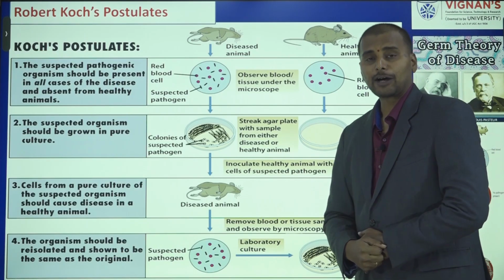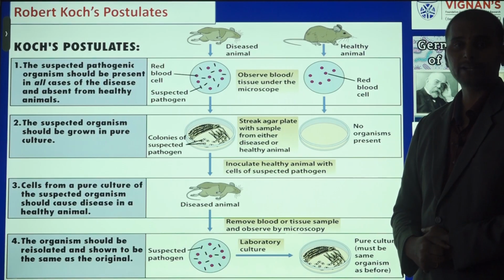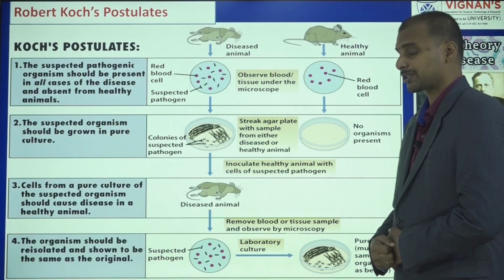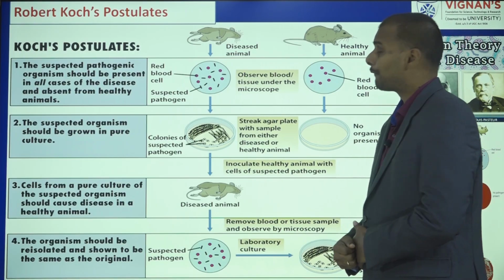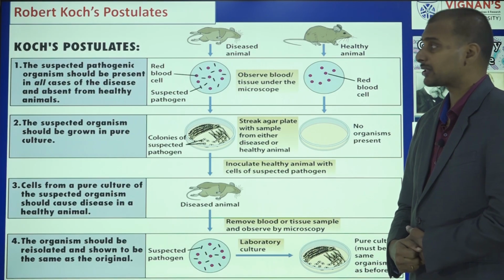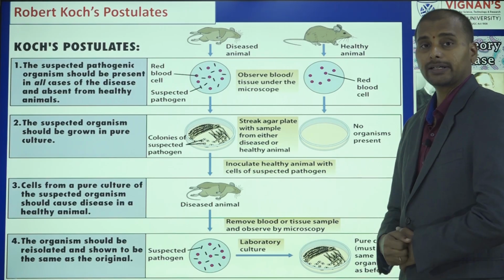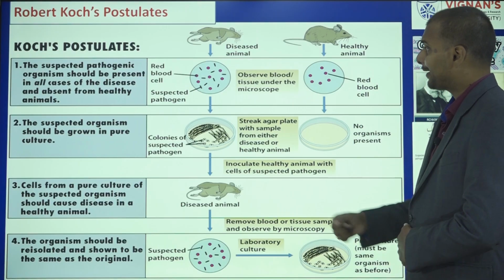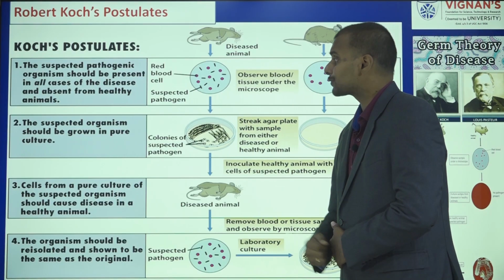Finally, the confirmation of the spread of disease by microorganisms was given by Robert Koch. He proposed 4 postulates, which were given by his mentor, Jacob Henle.